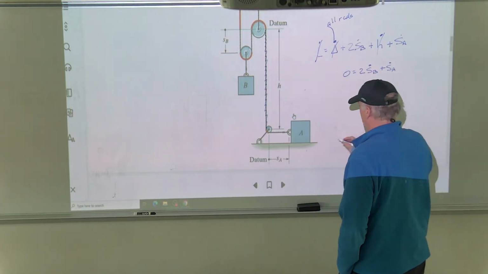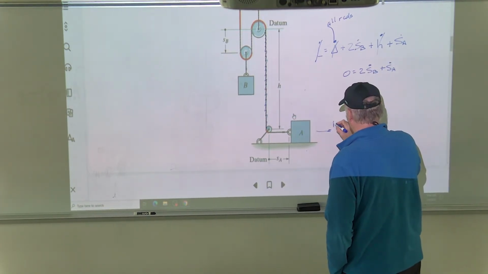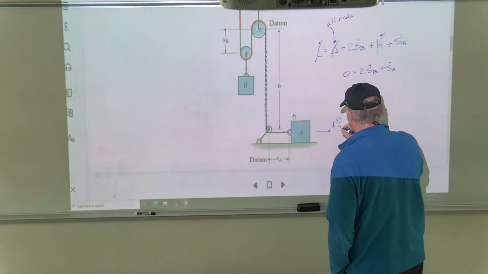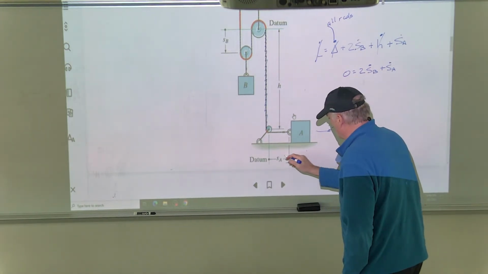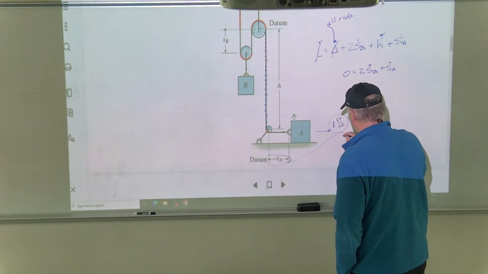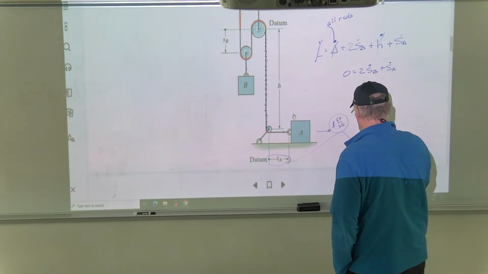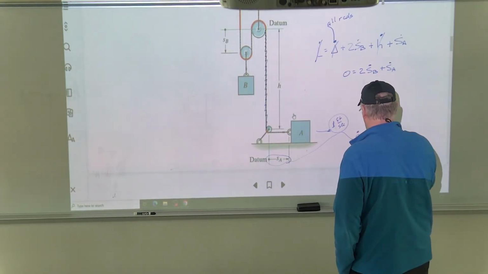So that means if this is moving to the right at 1 foot per second, then moving to the right means it's going in that direction, and that means SA dot is equal to 1 foot per second.